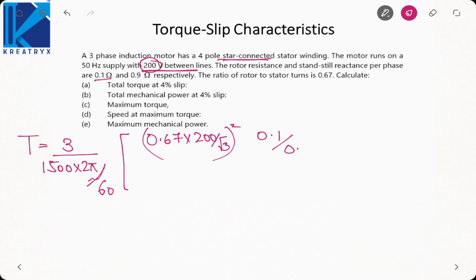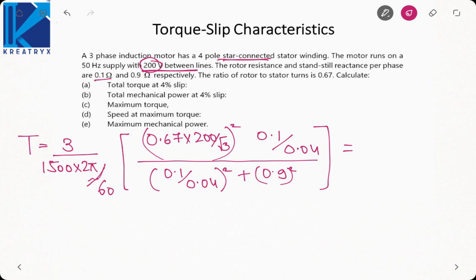Slip is 4%, that is 0.04, over (0.1 by 0.04) whole square plus 0.9 square. This will come out to be 40.48 Newton meter. Okay, that will be the torque at 4% slip.